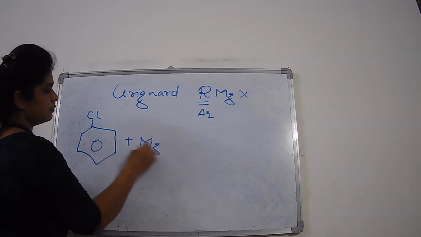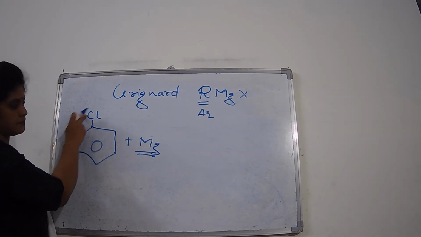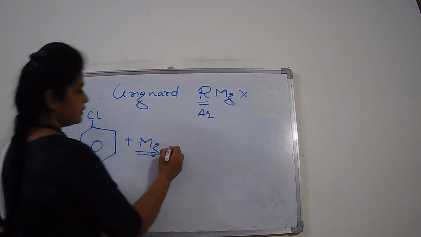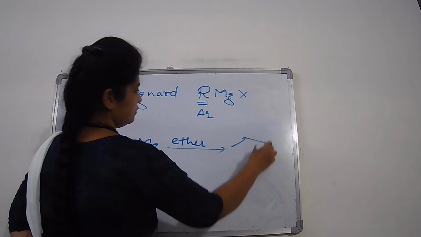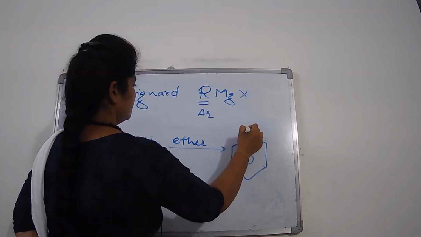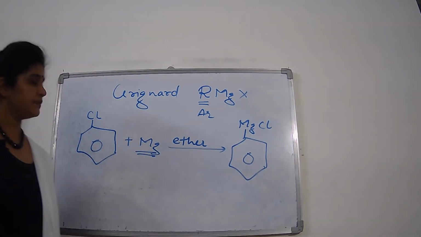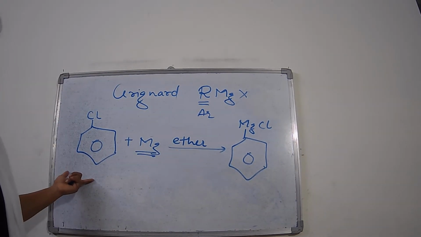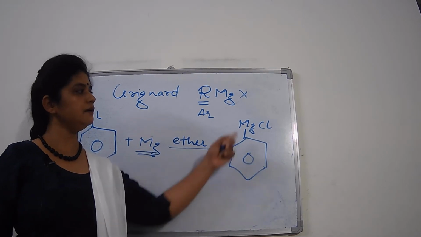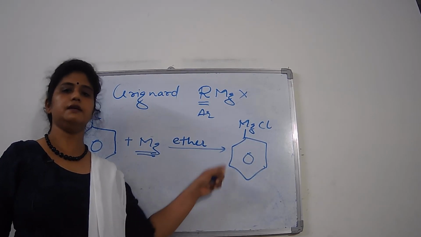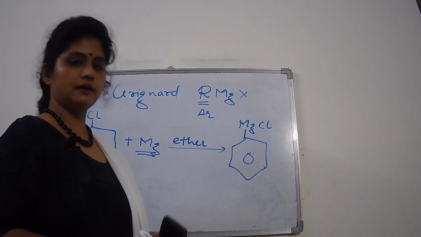We want only magnesium, because we already have Ar and X, but we need only Mg. So it reacts with magnesium in presence of ether. We add Mg there and we get a phenyl ring, so it is phenyl magnesium chloride.